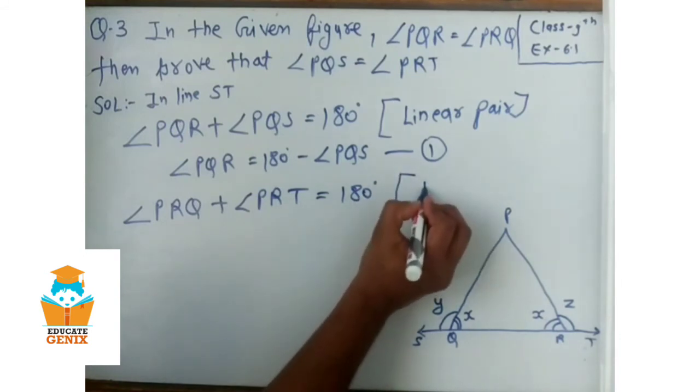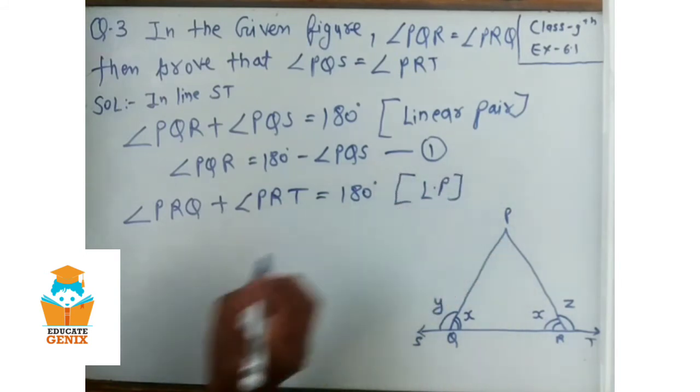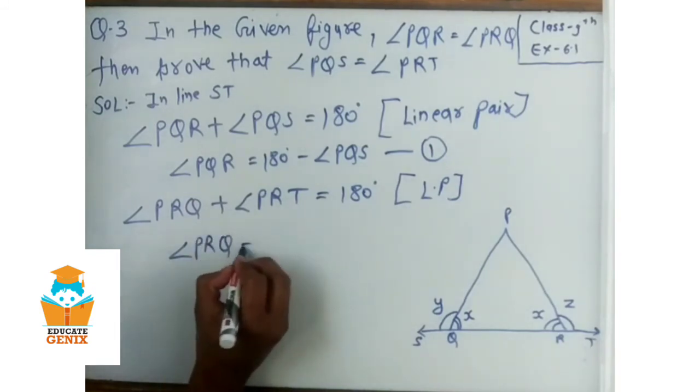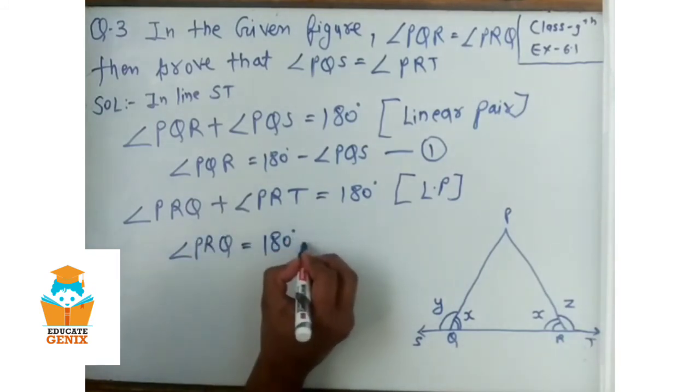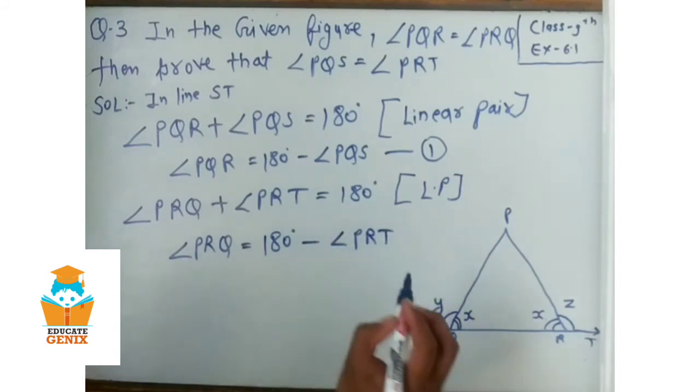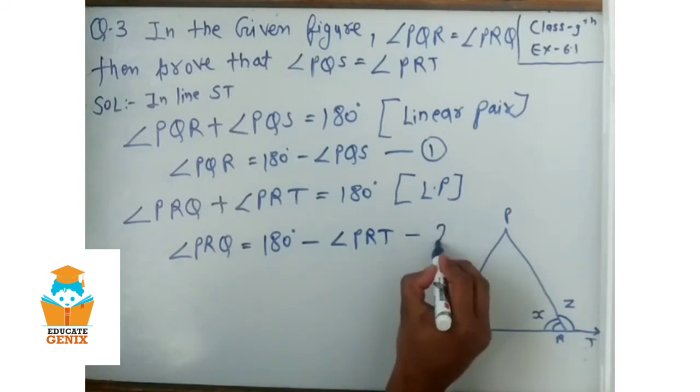Linear pair. Therefore, angle PRQ equals 180 degrees minus angle PRT. I hope you got this much.